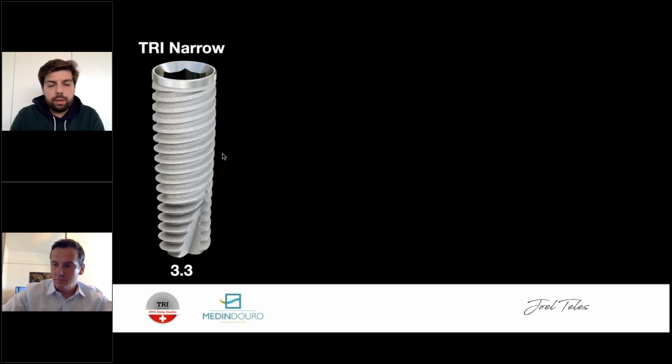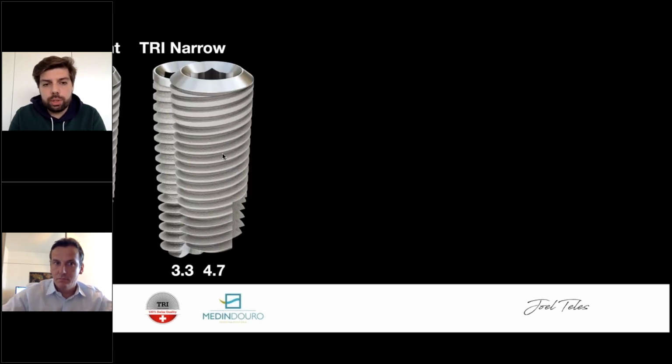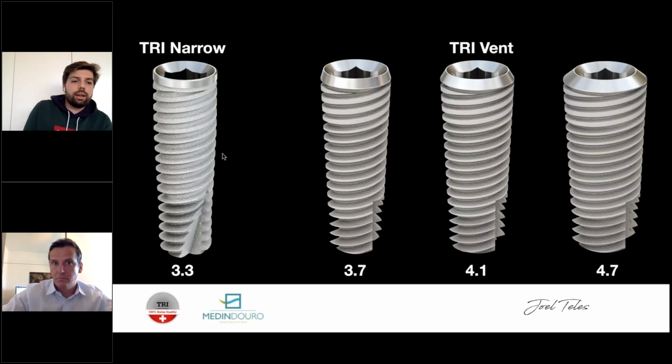This is for better and more stable tissue results, and therefore more stable bone. For this, we have all these types of implants with TRI, from the 3.3 to the 4.7. The 4.7 we mostly never use, but between 3.3 and 3.7 are the most common, and sometimes the 4.1.